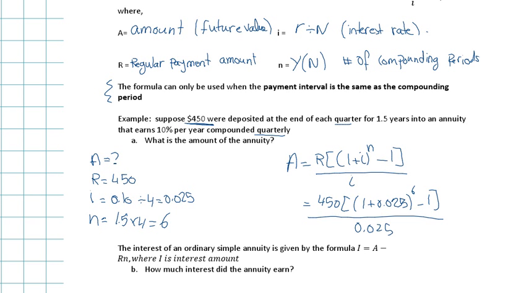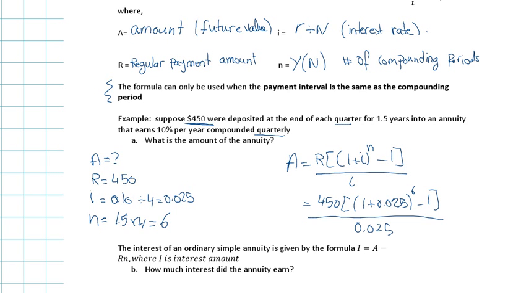Everyone is fine. You start with 1 plus 0.025.